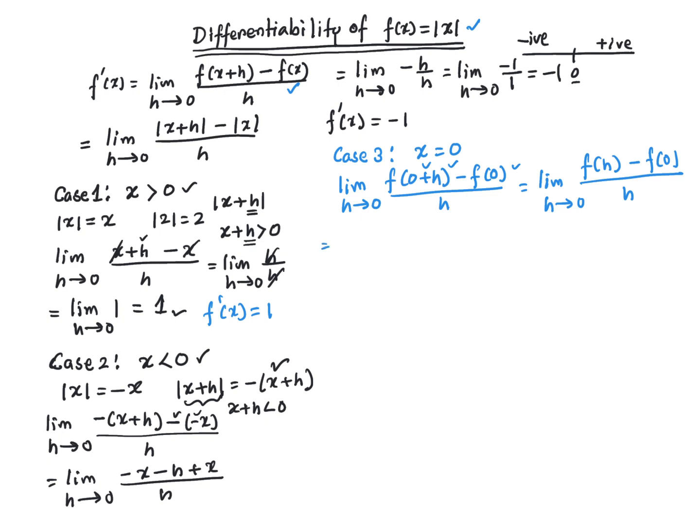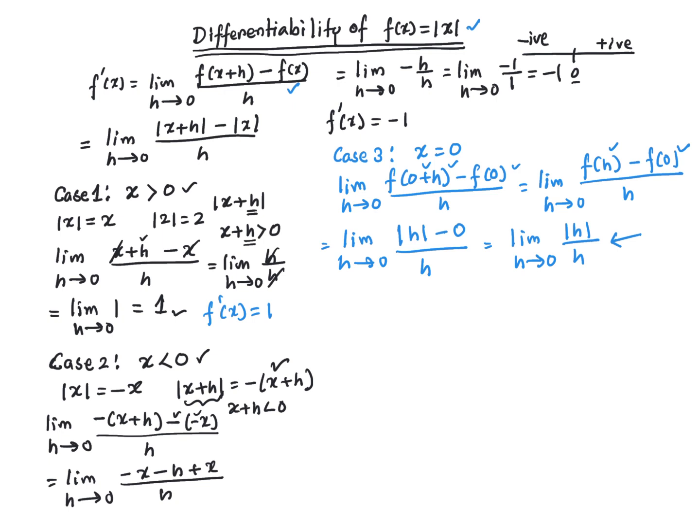And that ultimately becomes limit h approaches 0. Now f of h is just absolute value of h, correct? Minus f of 0 is absolute value of 0, which is just 0, divided by h. That gives me limit h approaches 0, absolute value of h over h. So this is the limit that we need to investigate.